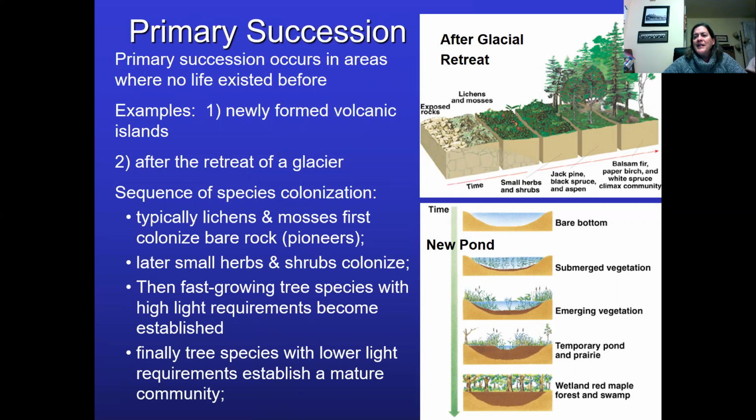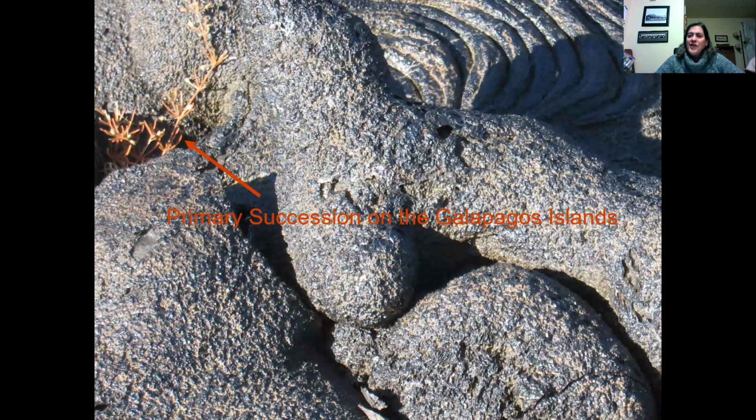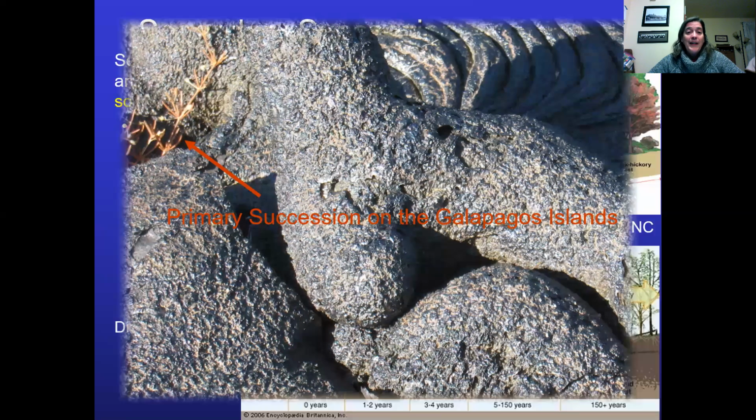And then as soon as the plants get big enough, you can start bringing in insects and then larger animals. And then as far as the plants go, eventually the latest thing in succession are usually the big trees. Big trees need lots of soil, and generally they're going to be the last to come back in succession. So this is just a picture from the Galapagos that Ms. DeBrew took of just some primary succession stuff going on in that lava rock there.